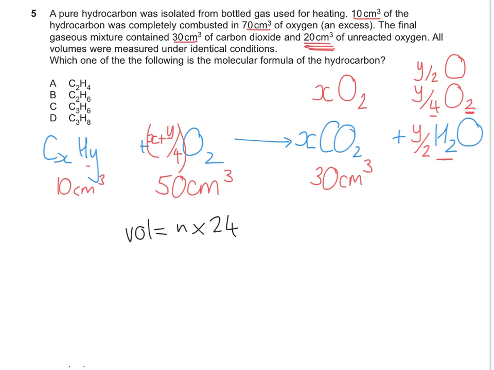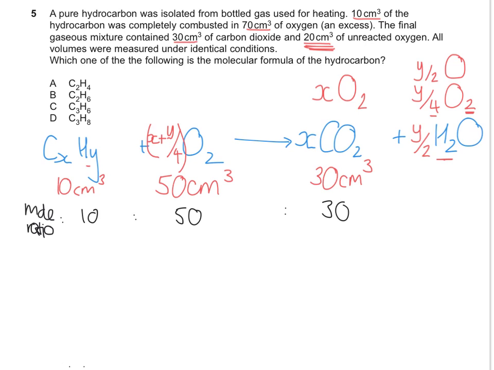And so what's helpful from that is that we can take these volumes to equal the mole ratio. So you can work out the number of moles of each, but you don't need to do so. That means we can take the mole ratio, or the stoichiometric ratio, in other words, to be 10 to 50 to 30.